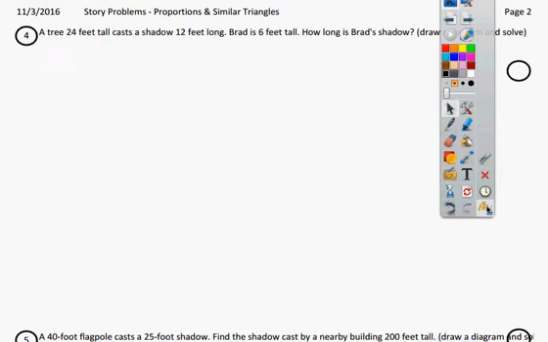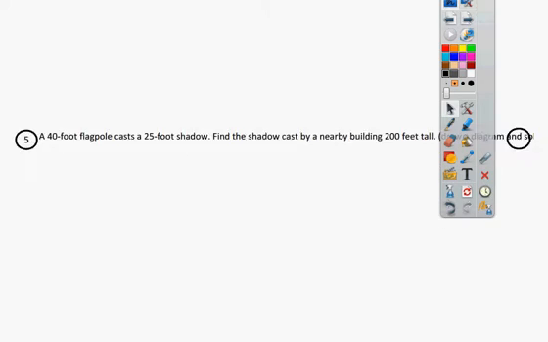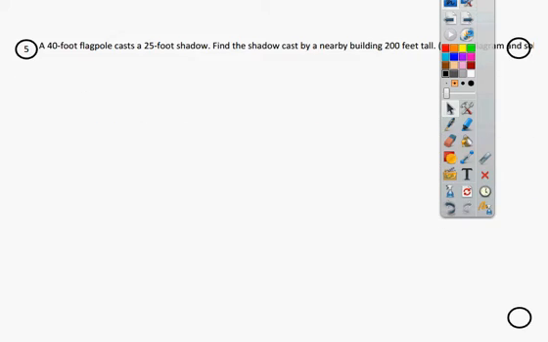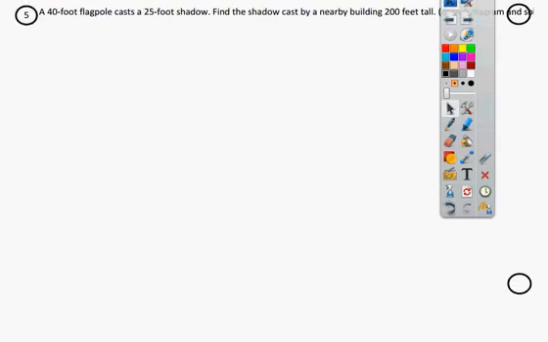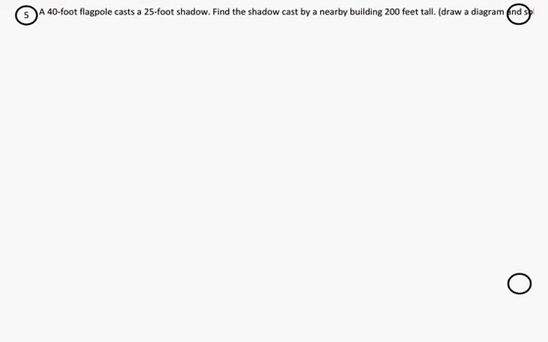So the problem that was labeled problem 5 was really problem 6. Once again, a word problem. I have a flagpole that casts a 25-foot shadow. And in this case, I'm going to not draw as much of the picture.